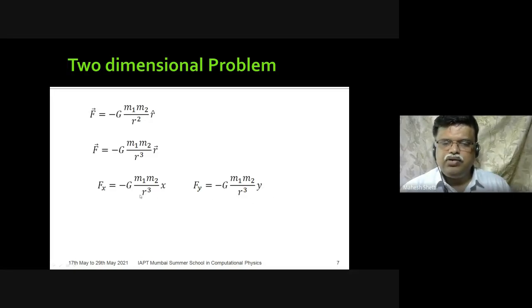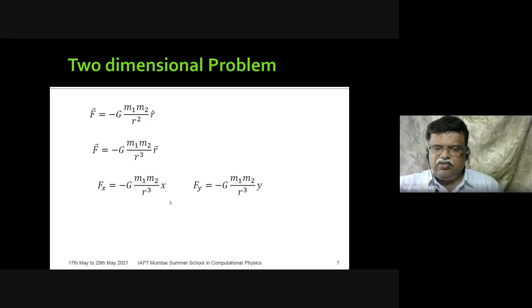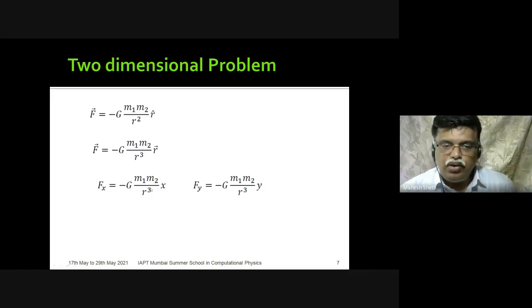We know r square is going to be x square plus y square. So r is root of x square plus y square, so r cube should be written as x square plus y square whole bracket raised to 3 by 2, or bracket raised to 1.5. So once you do this, then you go back.